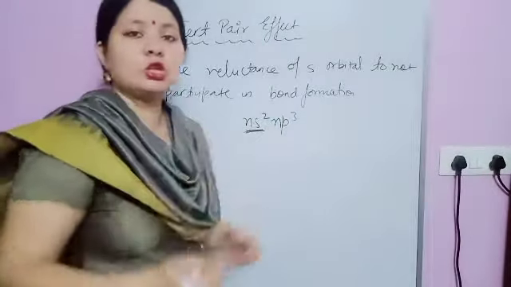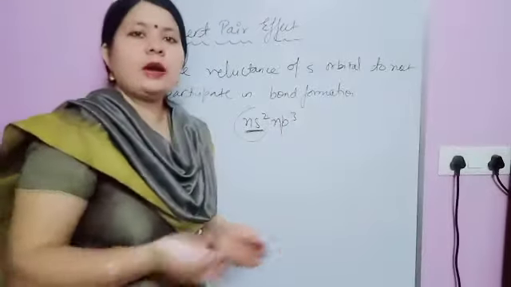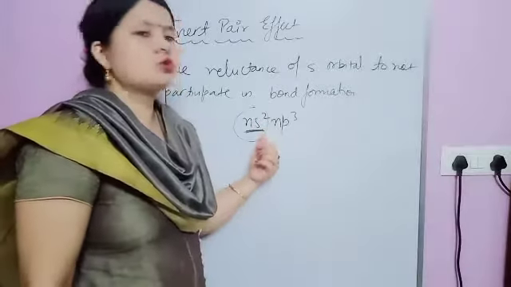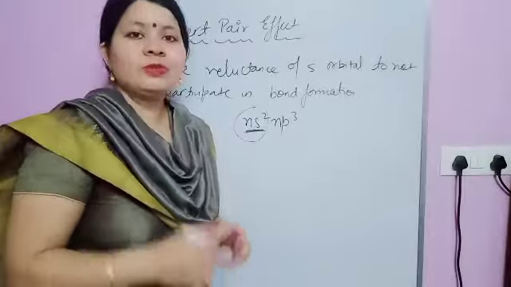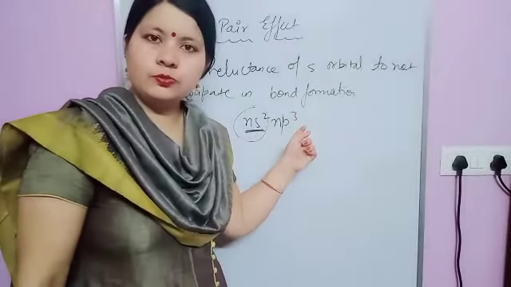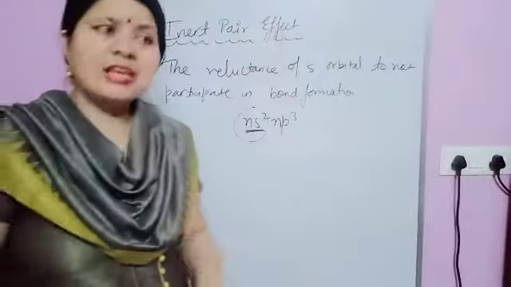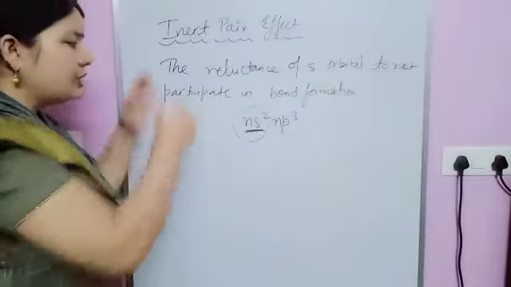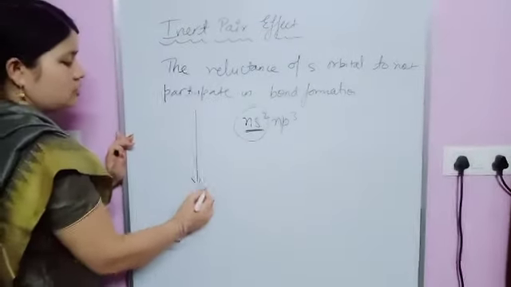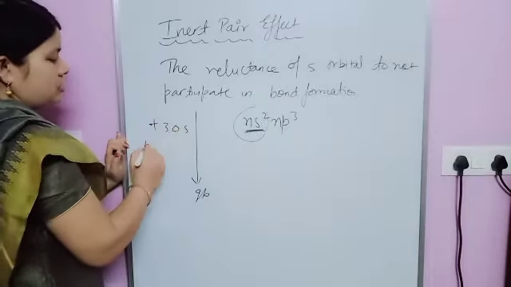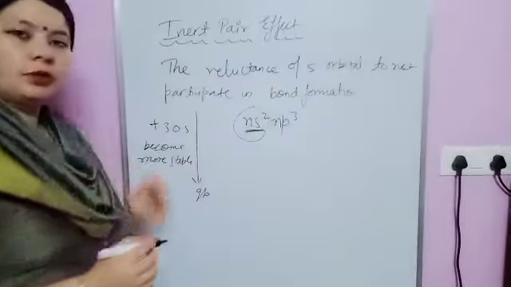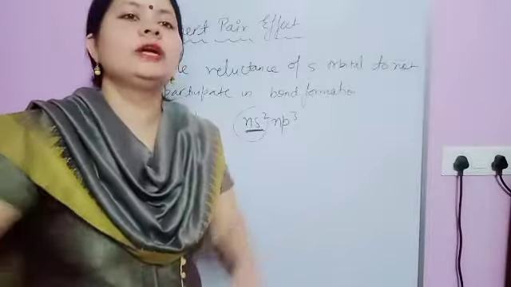So this is already complete and stable, so it shows unwillingness to participate in bond formation, and that is the reason that 15th group elements also show +3 oxidation state. Now remember one thing: as we move down the group, the +3 oxidation state becomes more stable, and the reason is the inert pair effect.